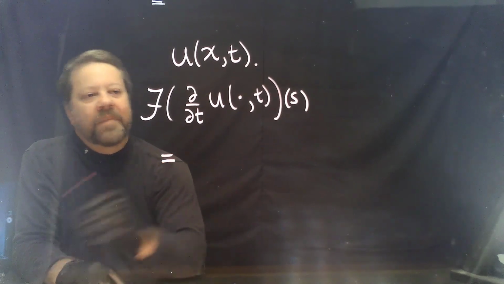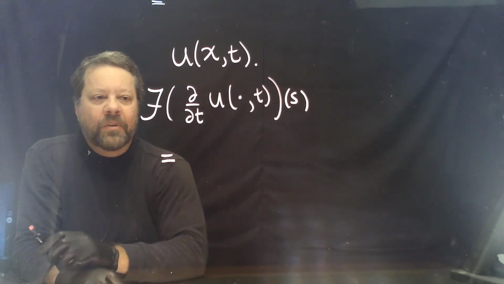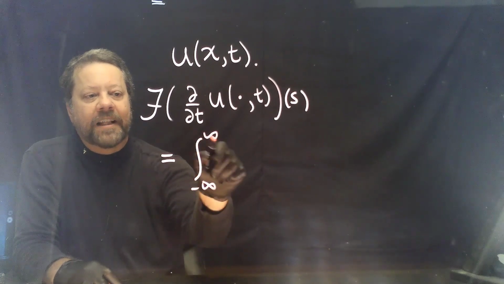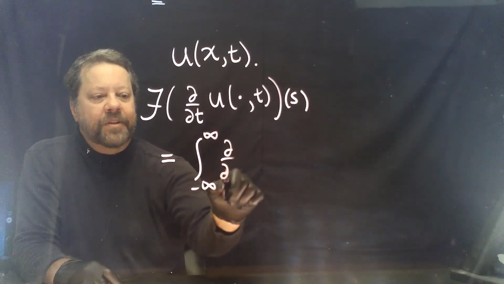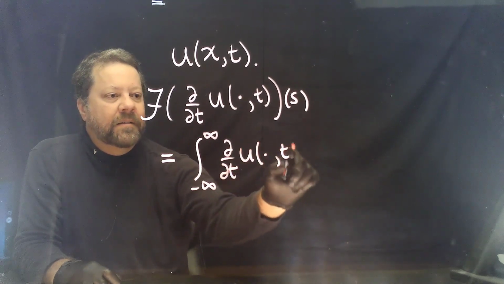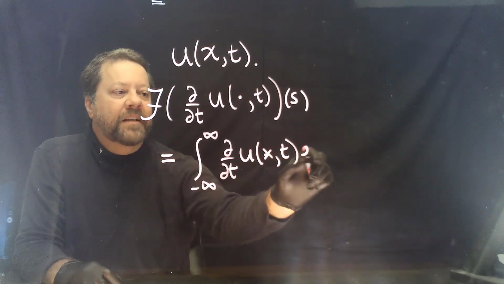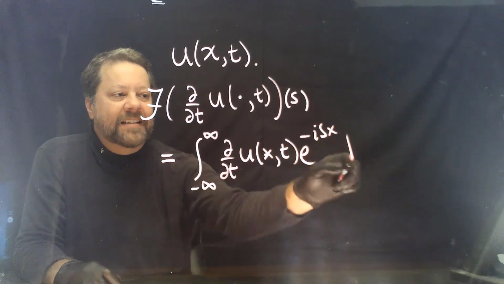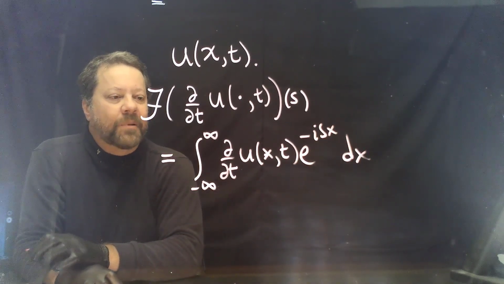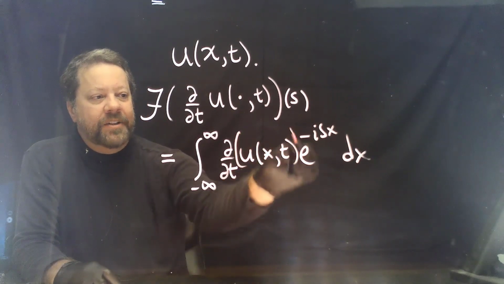If you think about it, the derivative with respect to t has essentially nothing to do with the integral. And so we're integrating from minus infinity to infinity this partial derivative with respect to t of u(x,t) e to the minus i sx dx, since we're doing the Fourier transform on the x variable. This derivative with respect to t is applied to the u function.